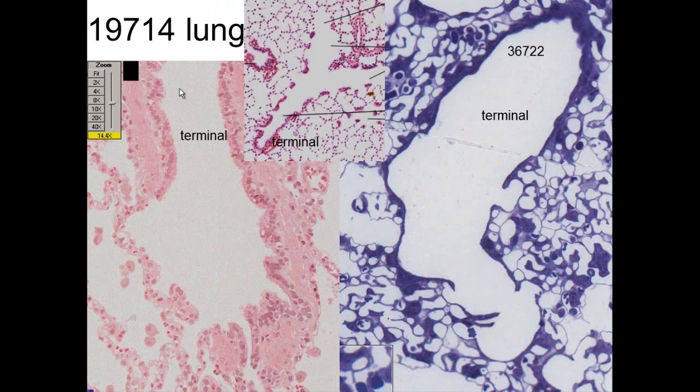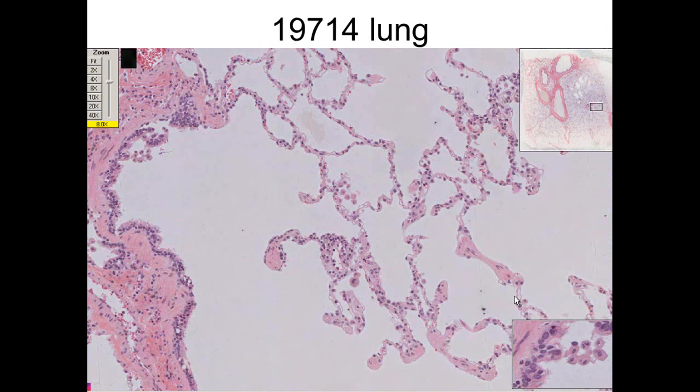Again, we can see a terminal bronchiole here and here and here, and then we have a respiratory bronchiole because it has little outpocketings to the alveoli. And then here we can see the terminal bronchiole right in through there, respiratory bronchiole, alveolar ducts, and here and here.